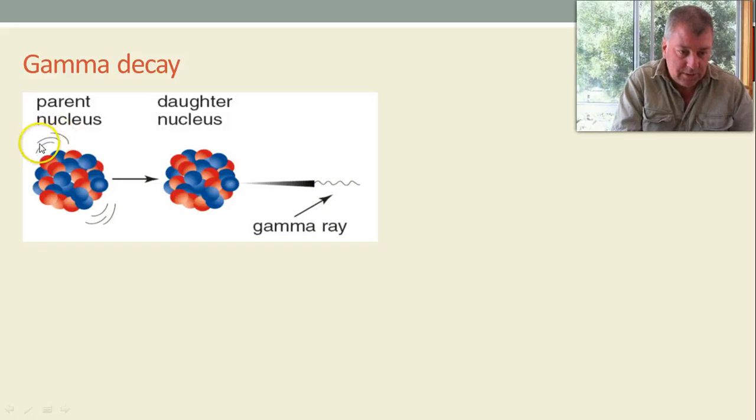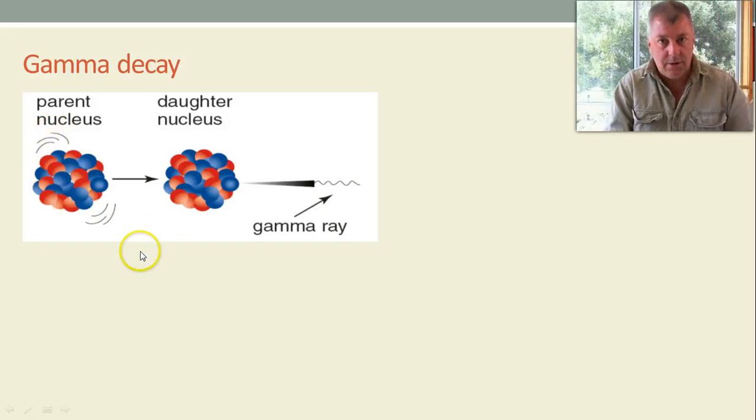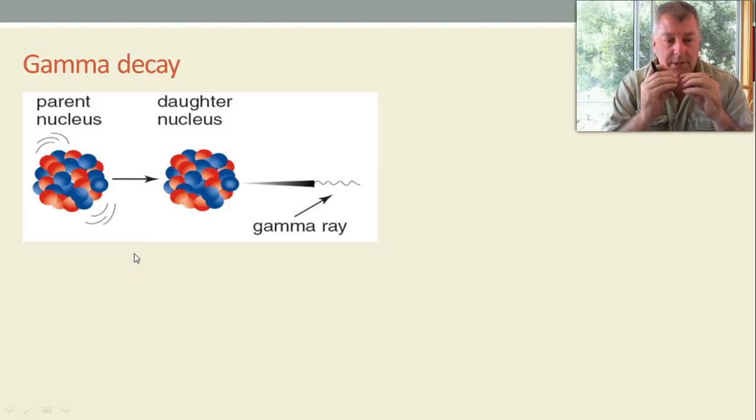Notice here that they've put these little lines around the parent nucleus. What they're trying to say there is the parent nucleus has too much energy. And usually gamma decay happens after another type of decay, alpha or beta, and the nucleus is then left with too much energy, so the protons and neutrons are readjusting themselves and they just have a little bit too much energy, and that energy is given off as a photon, a bundle of energy.